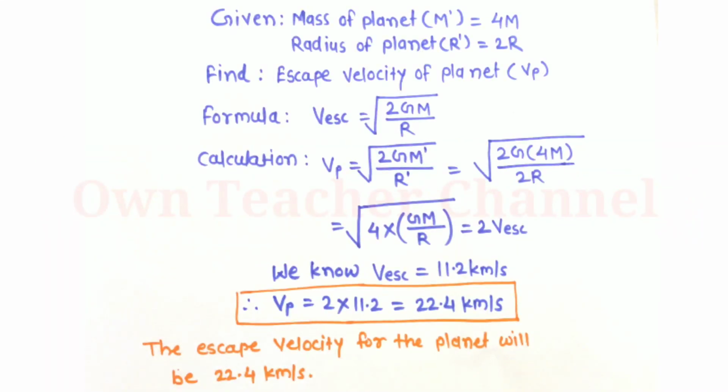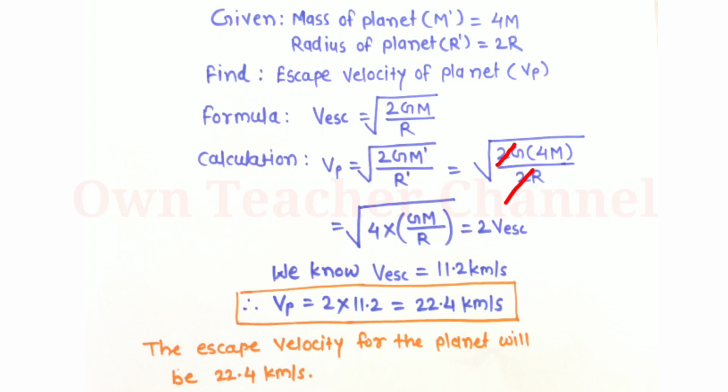In this problem, given mass of planet 4m, radius of planet 2r, we have to find the escape velocity of the planet. So our formula is root 2GM upon r. So we will do the calculation: root 2G in bracket 4m upon 2r. We will cancel the 2.